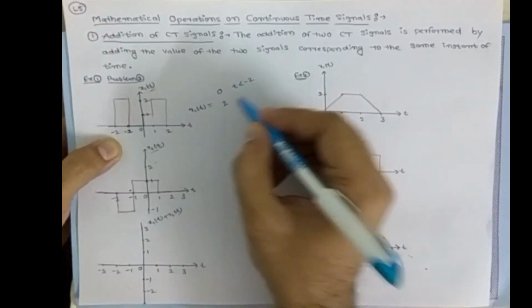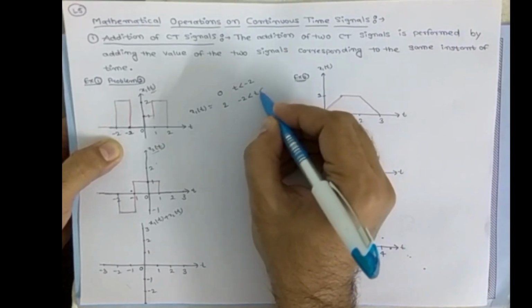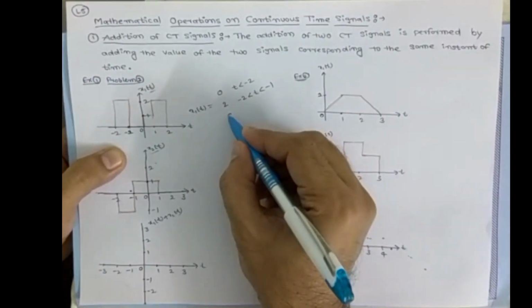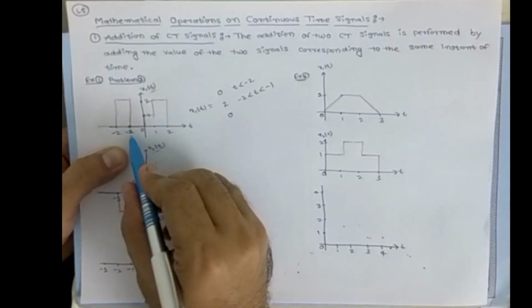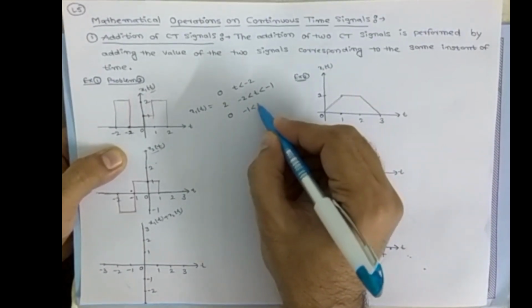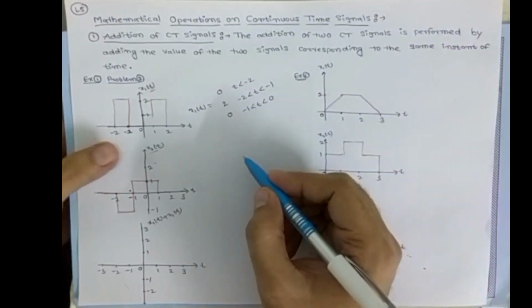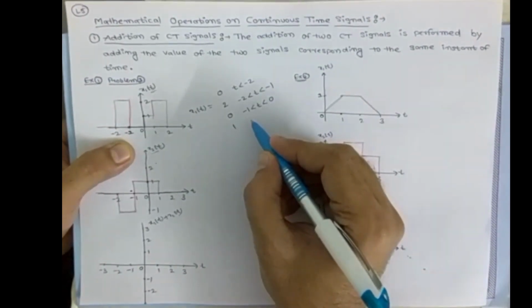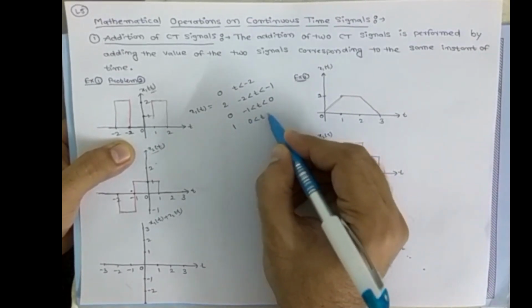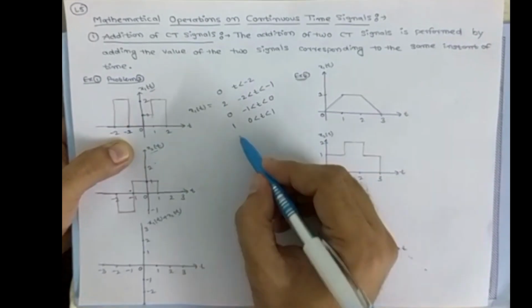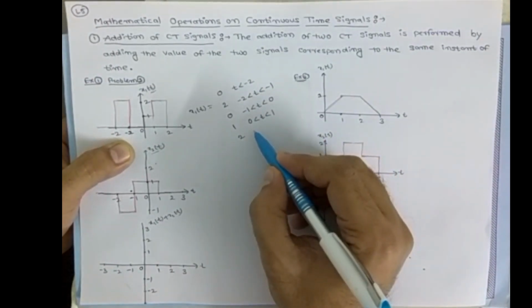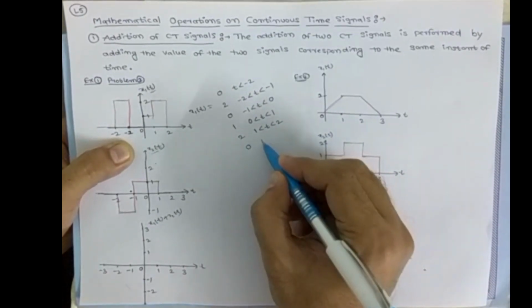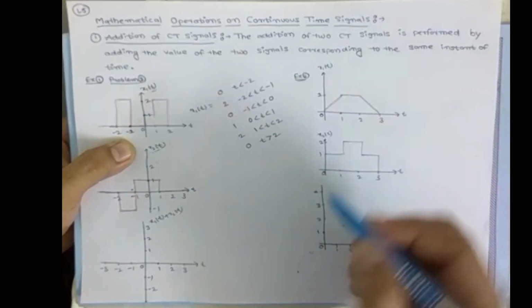It is 0 for minus 1 less than t less than 0, and 1 for 0 to 1. It is 2 for 1 less than t less than 2, and 0 for t greater than 2.